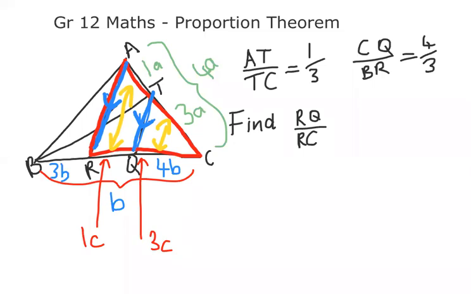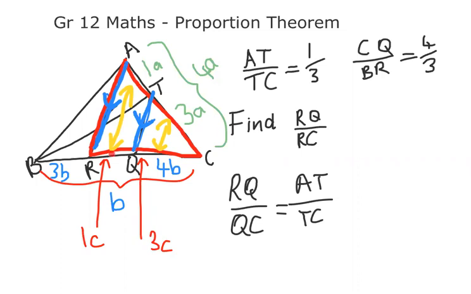So if you have RQ over QC, so it's this one divided by that one. So that equals, so this is RQ, opposite is AT, divided by, and the opposite of QC is TC.